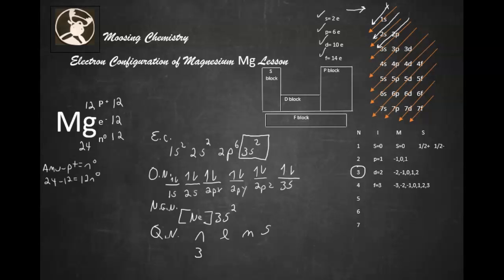Also, you will notice it's in the S block, so your L value is going to be 0. And since it's in the S block, our M value is also going to be 0. What about our S spin number? Is it going to be 1/2 positive or 1/2 negative? To determine that, you have to look at the last arrow right here. And look, it's going down. So it's going to be 1/2 negative.